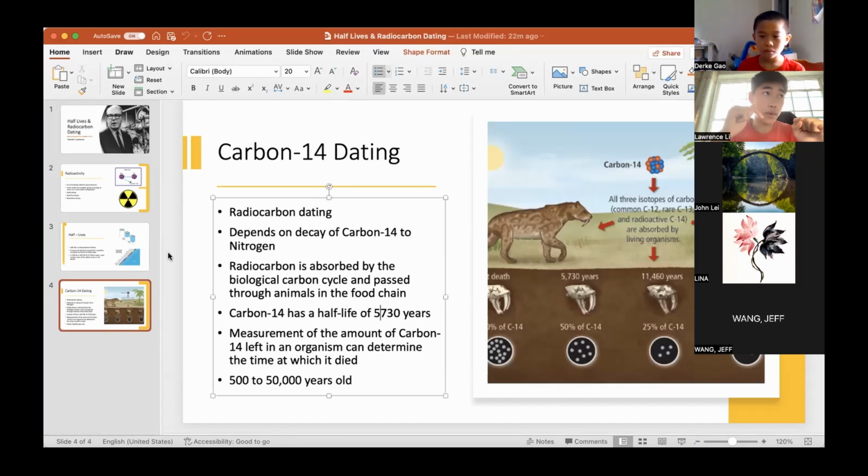I know that can be a bit difficult to understand, but I understand where you're coming from with that question, because every time there's less carbon-14, so it would make sense for the half-lives to be shorter, right? Is that what you're saying? Yeah. I understand that's a common misconception.